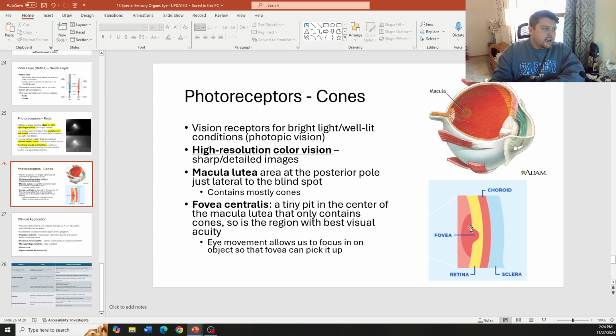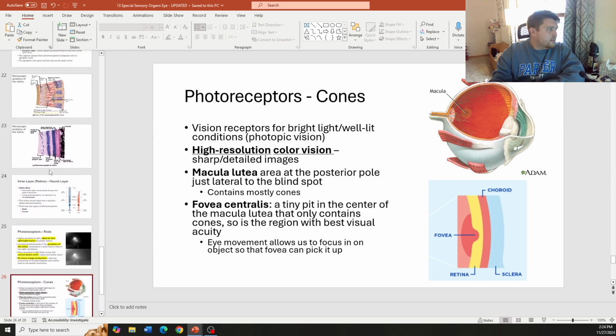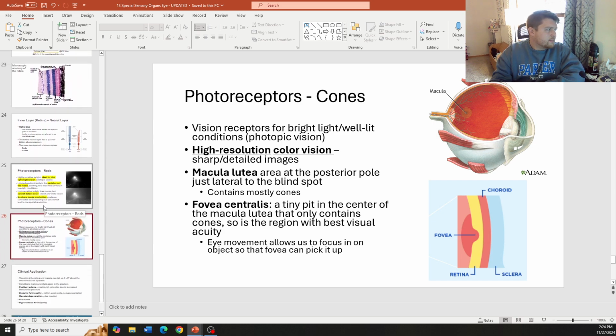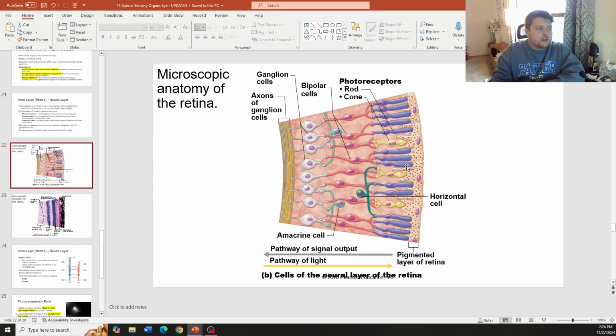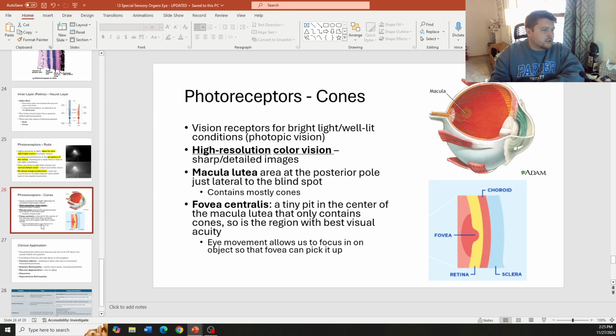The light hits the layers of the retina, and it gets read and converted into a signal by our photoreceptors. That message gets passed through bipolar cells into the ganglion cells, and those ganglion cells carry that information through the optic nerve all the way to the brain, and then the brain processes it.